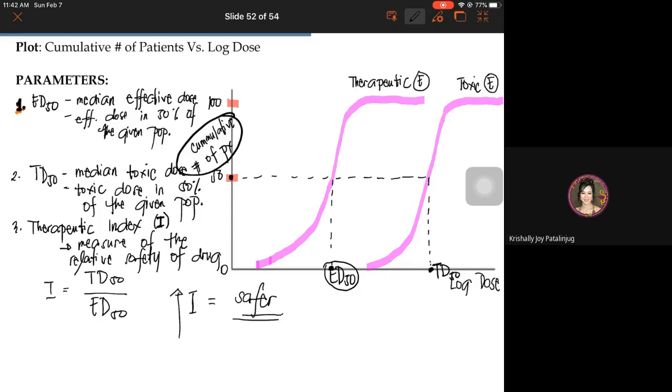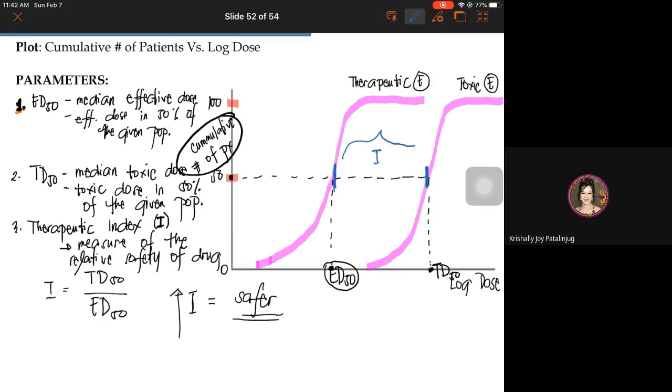Pag sobrang laki ng therapeutic index, favorable yung drug, safer yung drug. Okay, saan natin makikita yung therapeutic index? This part here, itong part na to, ito yung therapeutic index.